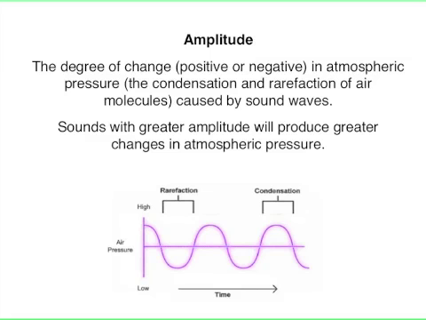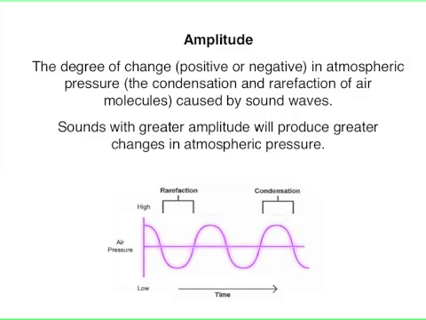Finally, let's talk about amplitude, which is volume. Amplitude is the degree of change, positive or negative, in atmospheric pressure, the condensation and rarefaction of air molecules caused by sound waves. The sound waves are moving, in this case, the air, and sound with greater amplitude will produce greater changes in atmospheric pressure.